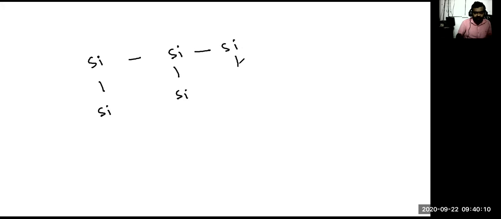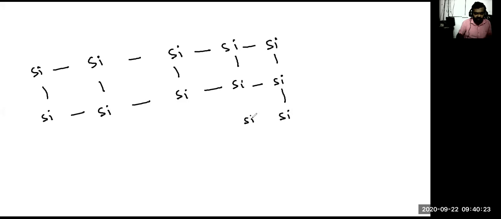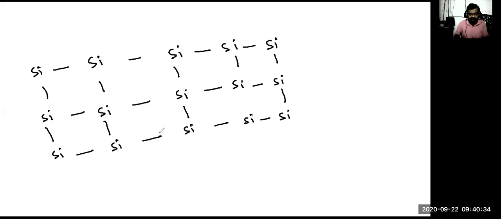If I extend it, like this we have the structure. Everywhere we have 4 electrons.